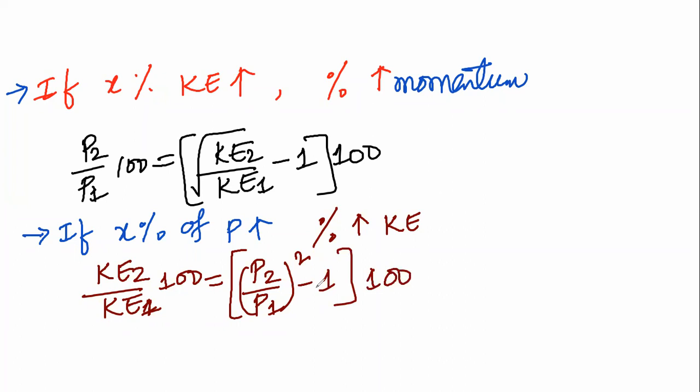This is for increasing kinetic energy from initial kinetic energy K1 to K2. When momentum is increased from P1 to P2, this is how we calculate the increase in kinetic energy. This is the relation between kinetic energy and momentum.